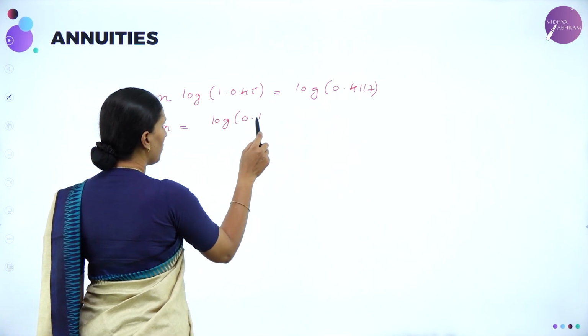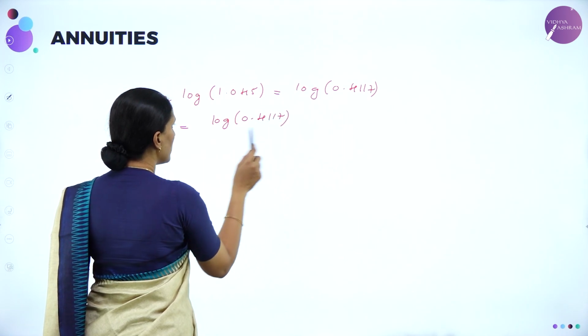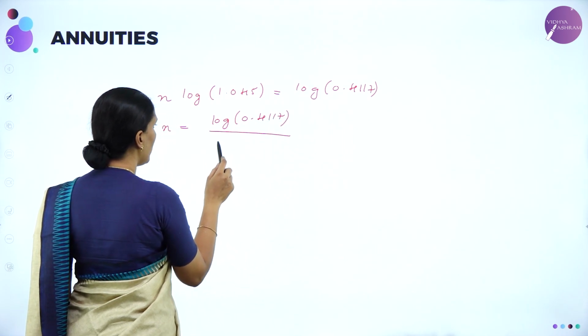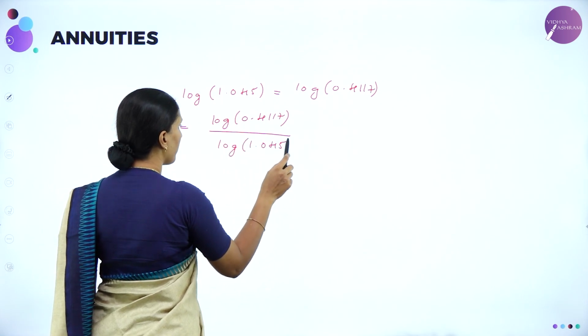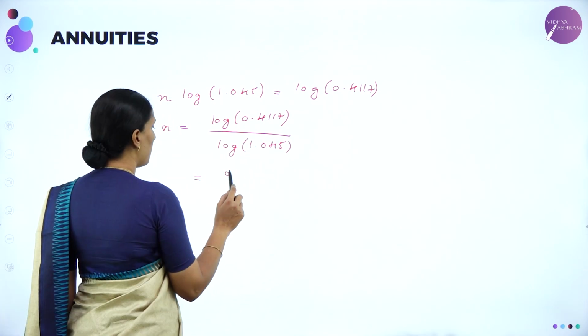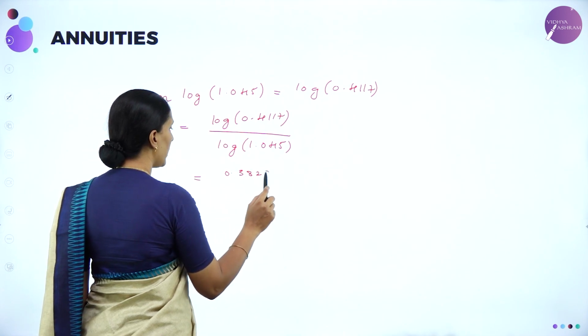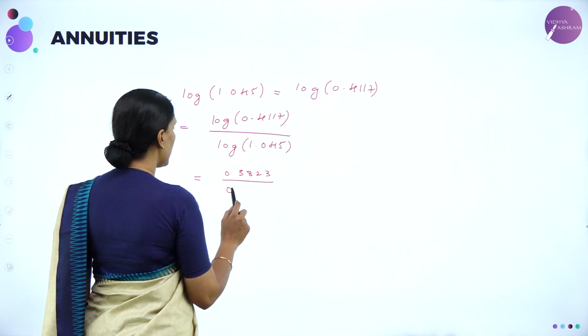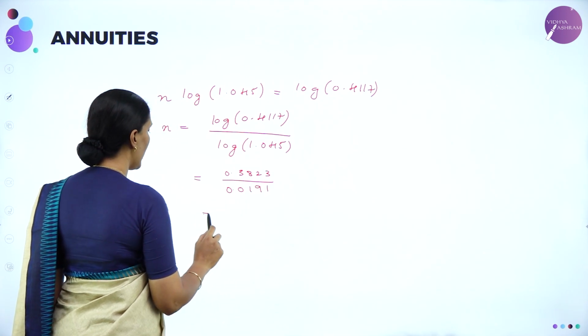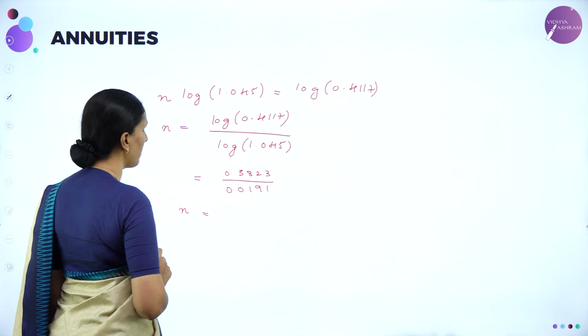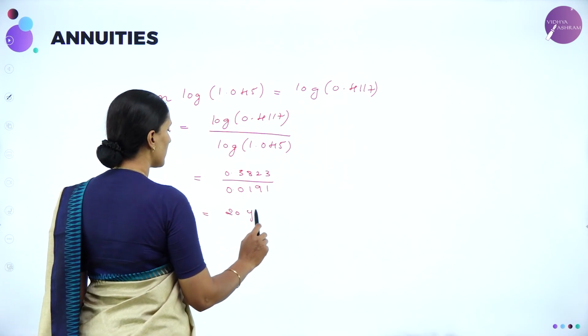So n is equal to log 0.4117 divided by log 1.05, which is 0.3823 divided by 0.0191. Dividing this, we'll get n is equal to approximately 20 years.